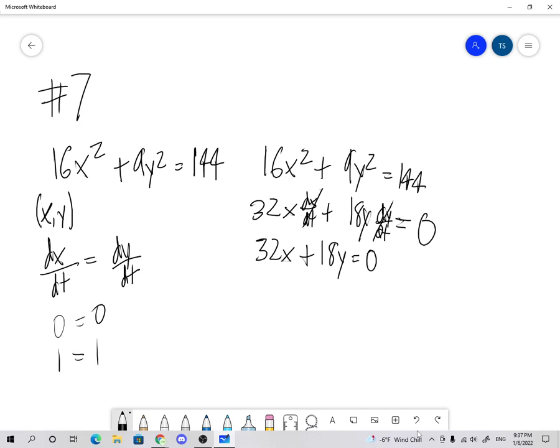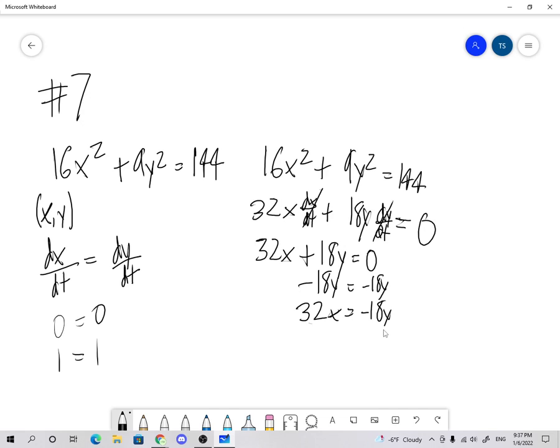So now we're just at algebra. I'm going to subtract 18y from both sides and end up with 32x equal to negative 18y. You could do this the other way, but I'm going to solve for x first before I solve for y, just because it makes more sense to me.